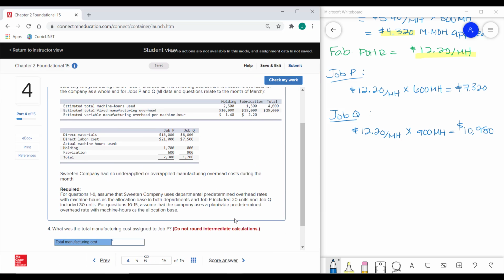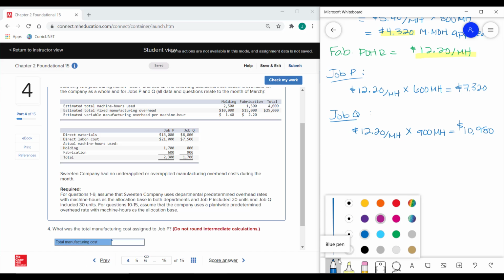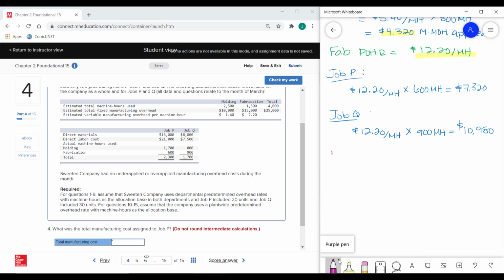What was the total manufacturing cost assigned to job P? When we look at the cost of a job, and any product for that matter, anything that we're manufacturing, the cost of a job is made up of what? It's made up of direct materials, direct labor, and manufacturing overhead.